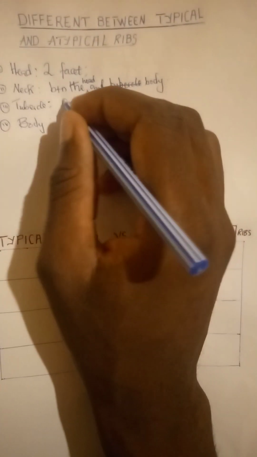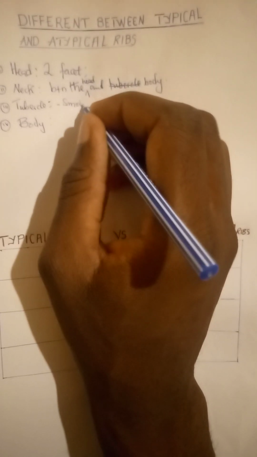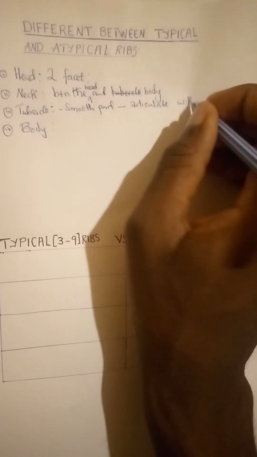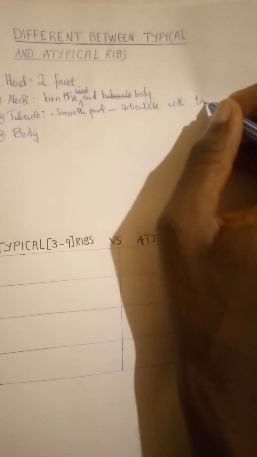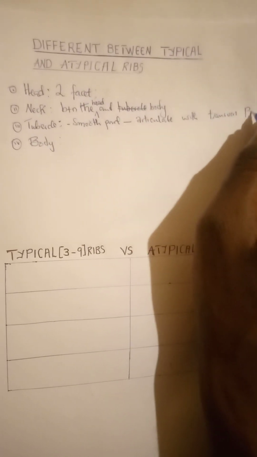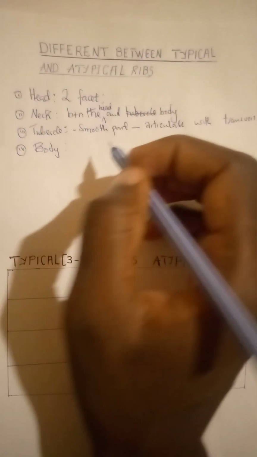So I will just write here: we have one, which is the smooth part, and this part articulates with the transverse process, like this.